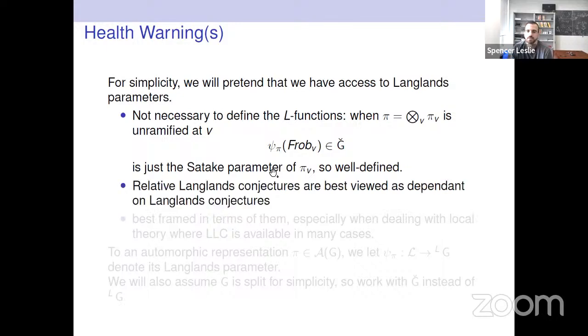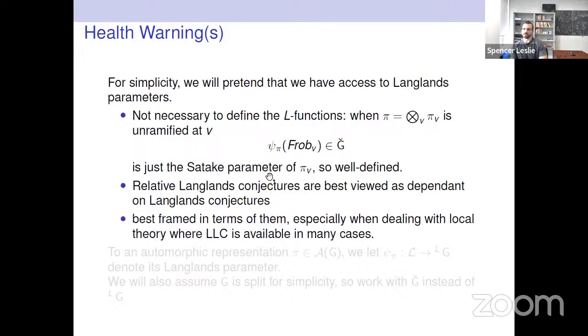But the point is that the relative Langlands conjectures, as I will state them, are from my point of view best viewed as being dependent on the Langlands conjectures. So we would like to say things that extend this correspondence from the previous slide.